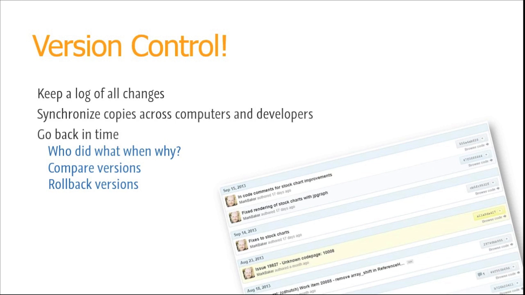So in the image you can see on screen, this is basically a change log which is coming from a project I'm working on. You can see that one person, Mark in this case, did some changes. We can see a comment for those changes. So we can see, for example, that he made a fix to something. And you can browse the code from there as well.